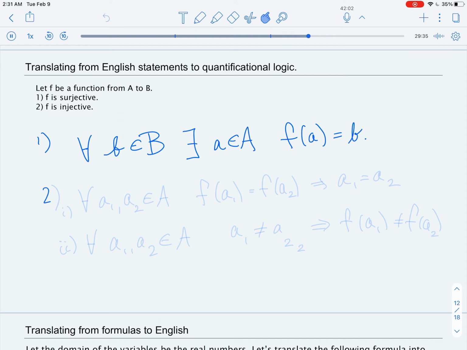Now, for a function to be injective, that means if two points in the domain map to the same point in the codomain, then they're equal. And we're going to phrase this two ways. We're going to phrase it the way that I just mentioned, and also in terms of the contrapositive, which may be more natural.